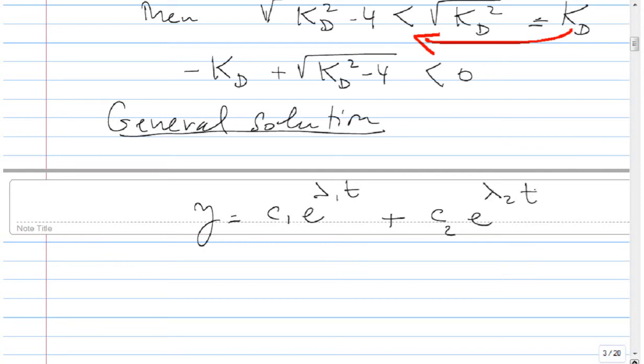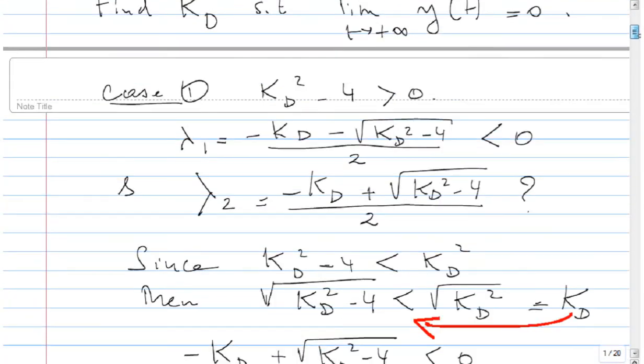Since both lambda 1 and lambda 2 are negative, then the limit of y of t when t goes to plus infinity is equal to 0. Okay, so now in this case we are fine. The solution will always go to the equilibrium position, so at rest position.